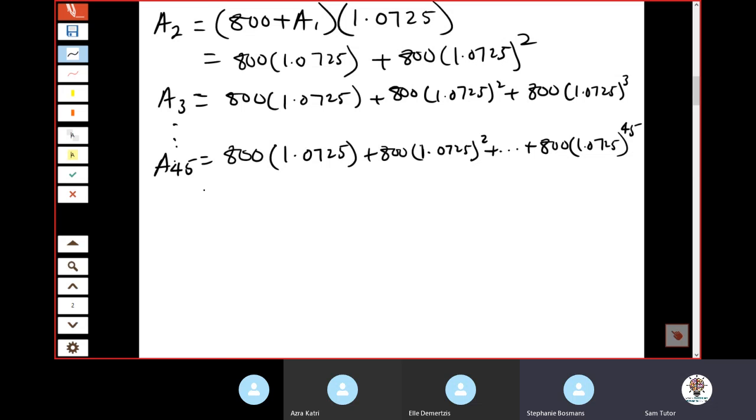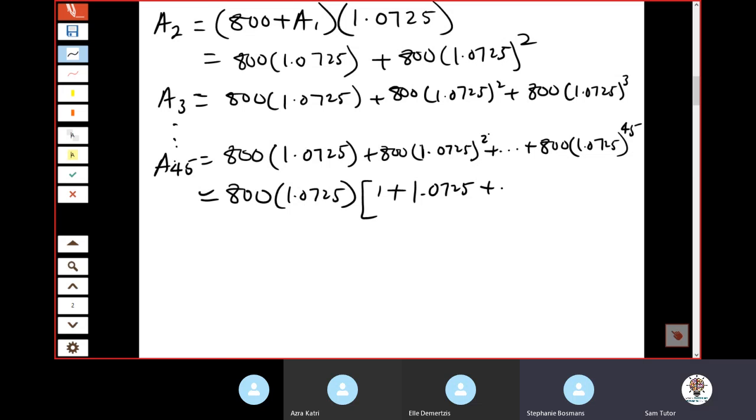Now we're going to factorize. So what would you factorize now, Steph? You do 800 times the 1.0725, and then big bracket 1 plus. Would you do 1.0725 squared?